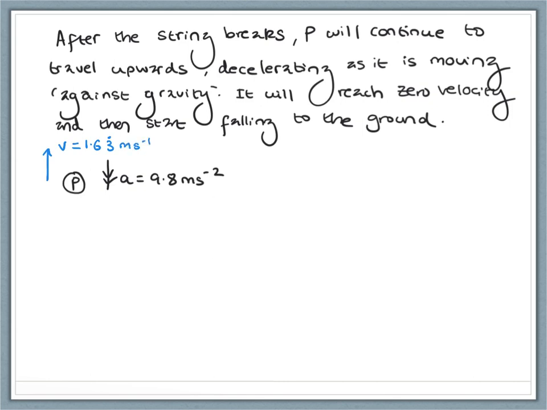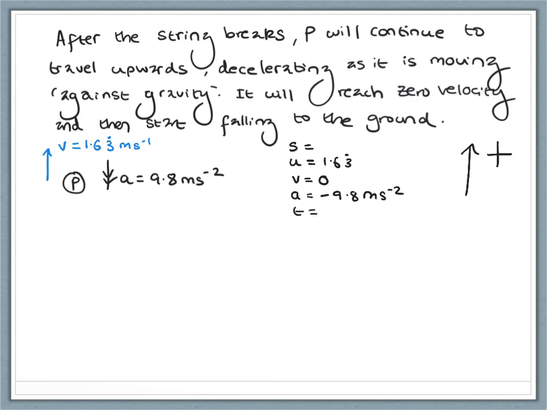So let's apply some SUVAT information. s, we don't know, but we may want to work it out. u is equal to 1.63 because it's the velocity with which P has started this new section of its journey. v, the final velocity, is 0 because we're working out how long it takes the particle P to hit this 0 velocity. a is negative 9.8 meters per second squared because I am going to choose upwards as positive.